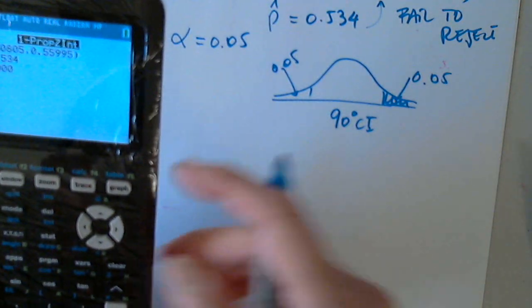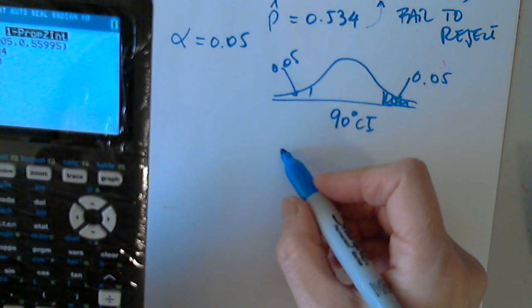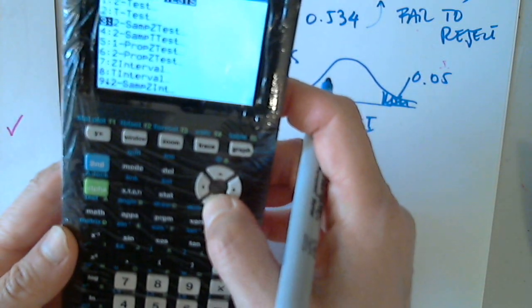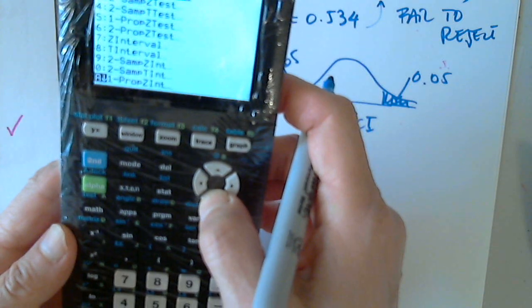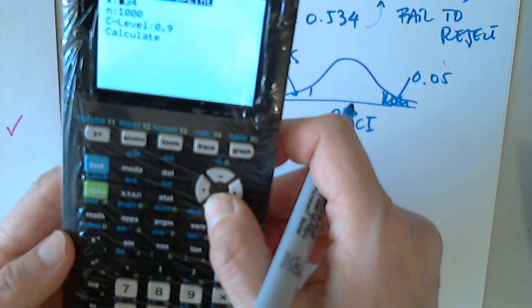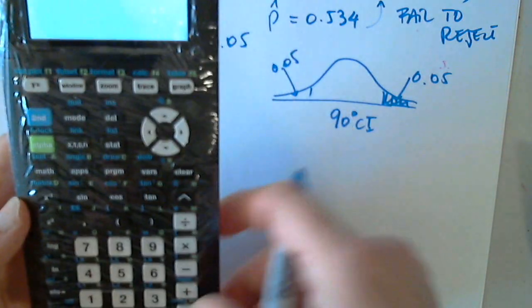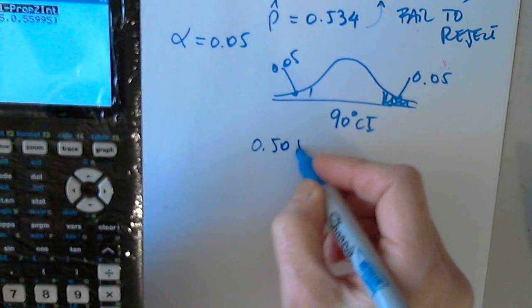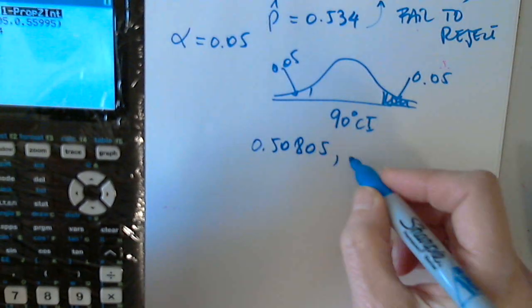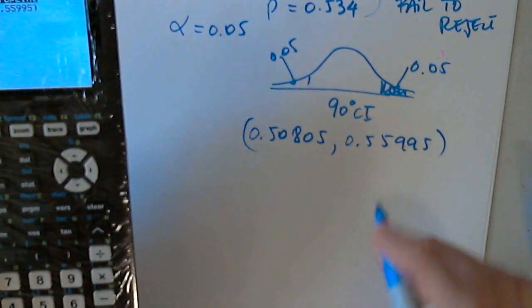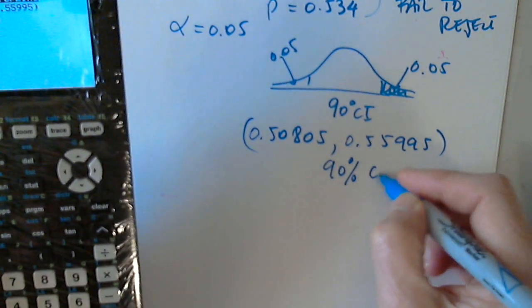Just checking my calculation one more time, one proportion z interval, 534, yes. Okay, so 0.50805, 0.55995. And that is a 90% confidence interval.